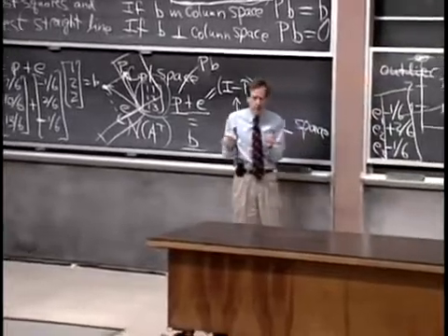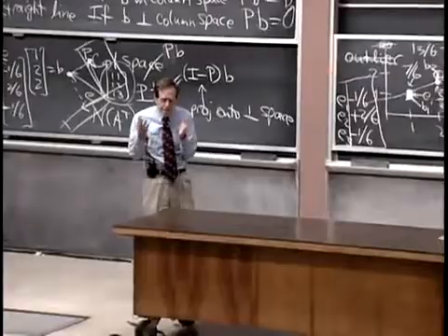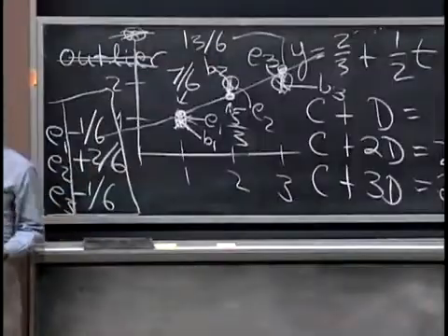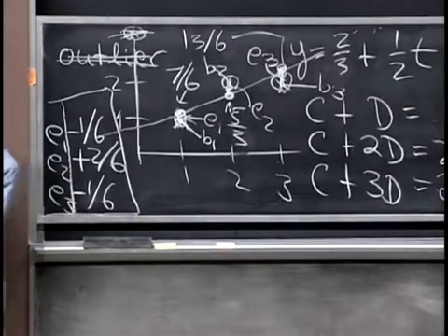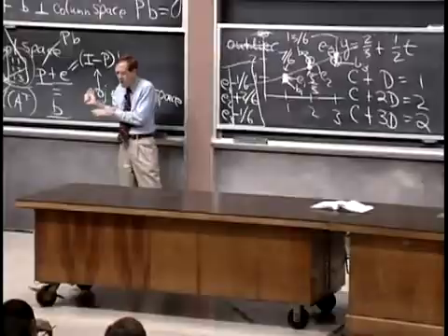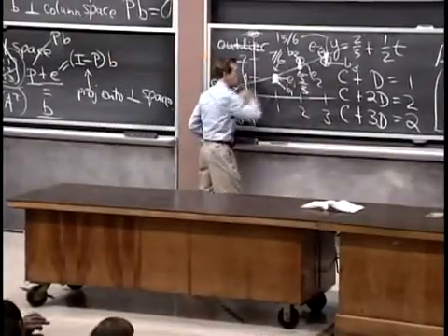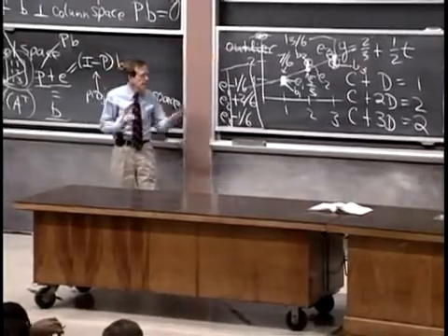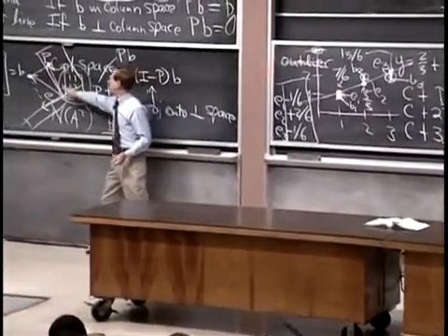And it's the same picture, just like this one's in the plane and it's showing the line. This one never did show the line. In this picture, C and D never showed up. In this picture, C and D determined that line, but the two are exactly the same. C and D is the combination of the two columns that gives P.